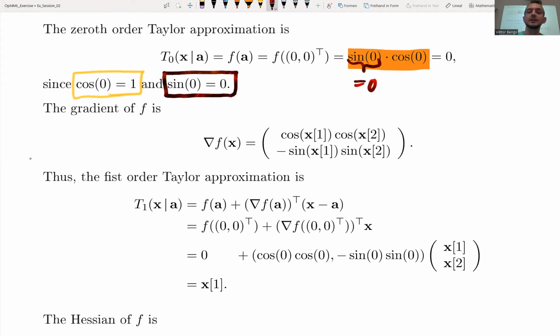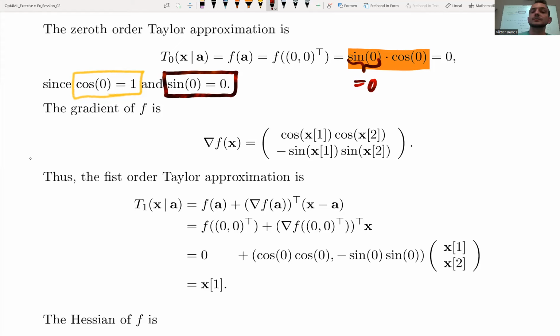The linear function we are using is essentially the Taylor approximation of order 0, and we add to this the inner product of the gradient of the function at that point and multiply this with x minus a. So essentially it is fitting the best line at that point, or hyperplane if we are in a two-dimensional scenario.